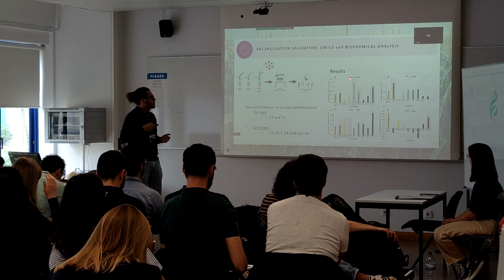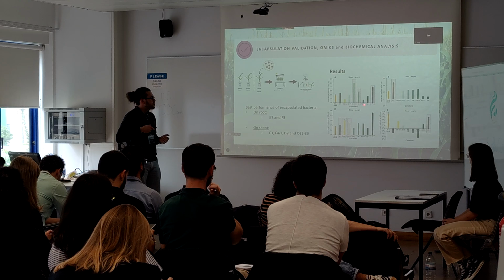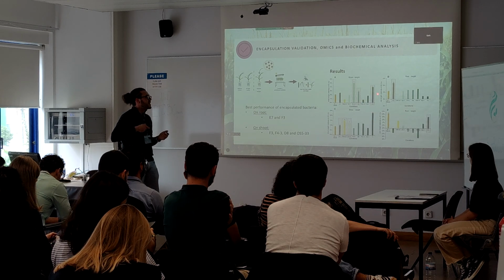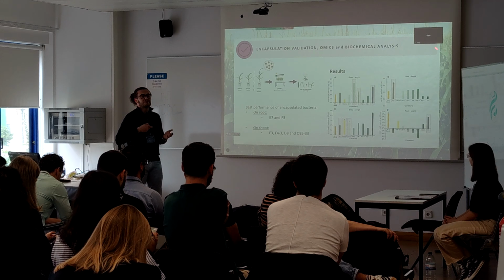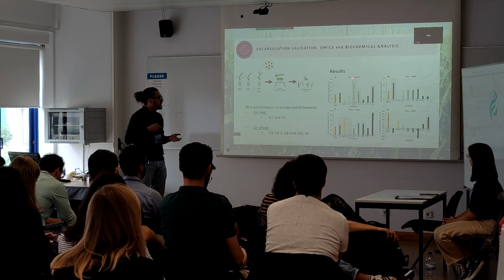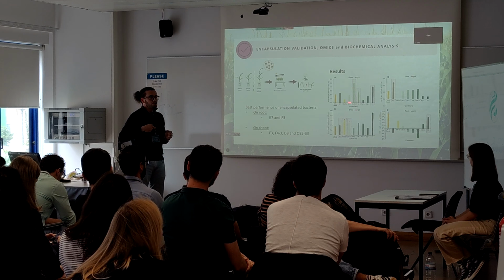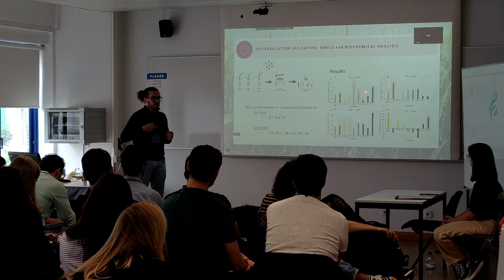In shoot length and shoot weight, F3 showed good results, an increase of about 5%. It may not be much, but it's a good value. These values are compared to the drought control.